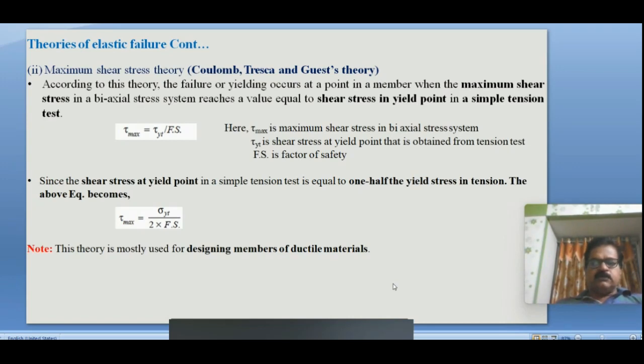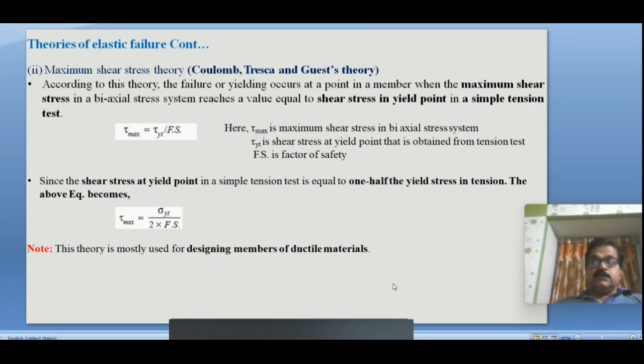Since the shear stress at yield point in the simple tension test is equal to half of the yield stress in tension, we can rewrite this as tau yield point stress is sigma yt by 2.